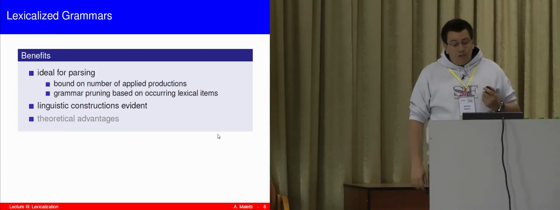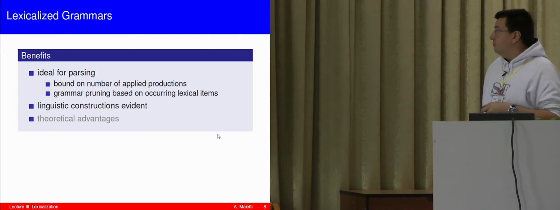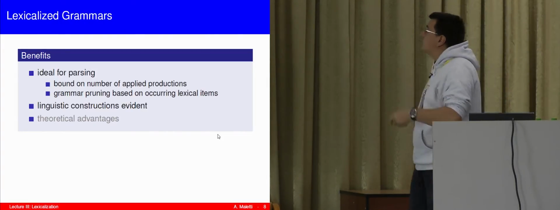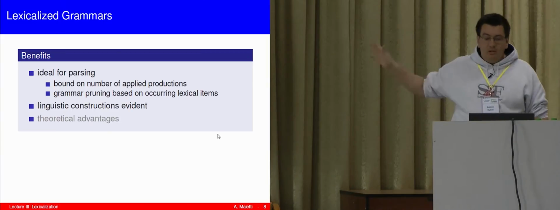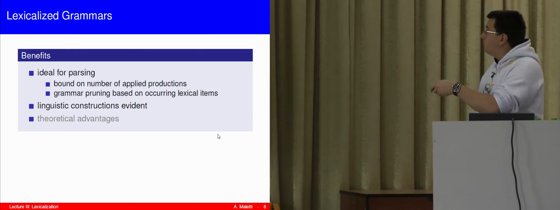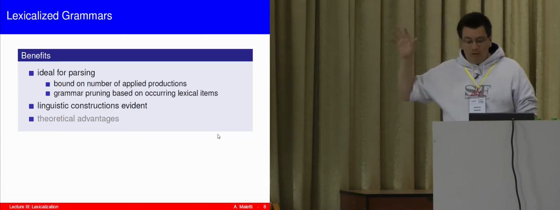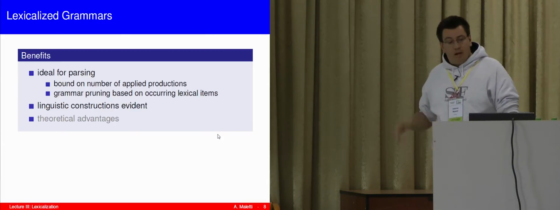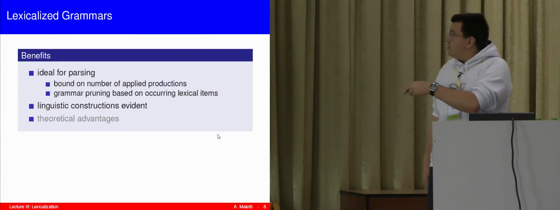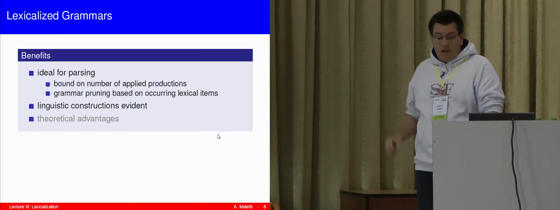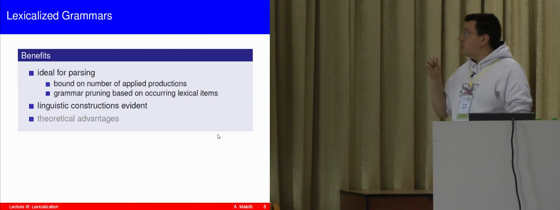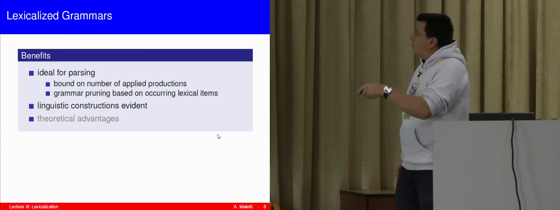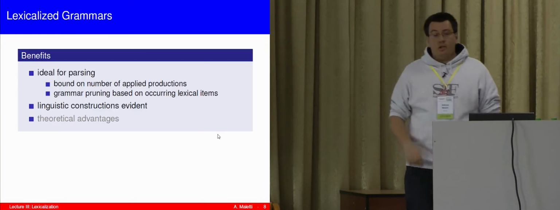And what is actually the most important thing, because parsing, well, you can also live without those. Parsing can also be done in the usual n to the cubed way, right? For context-free grammars, say. But this is actually the most important thing. If you have a parser and this is additionally lexicalized, then you can read off linguistic constructions, right?